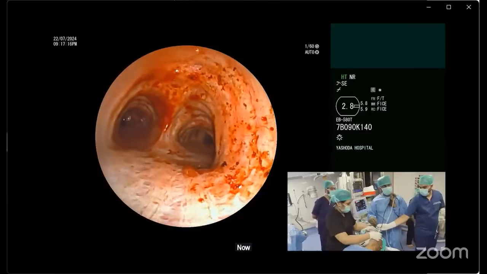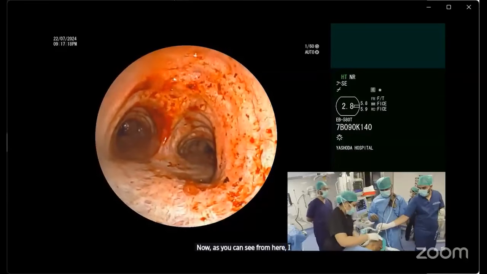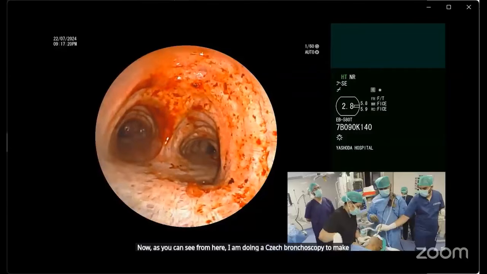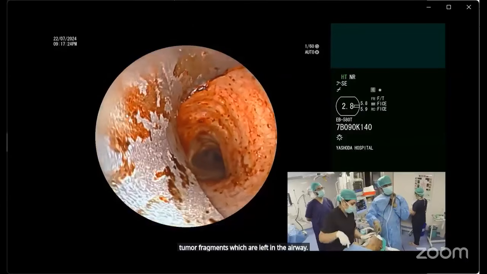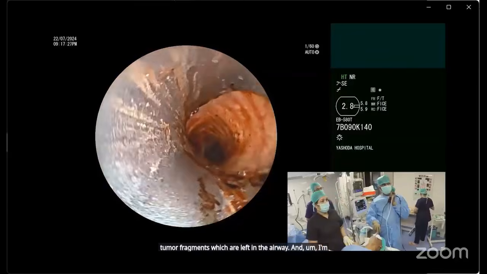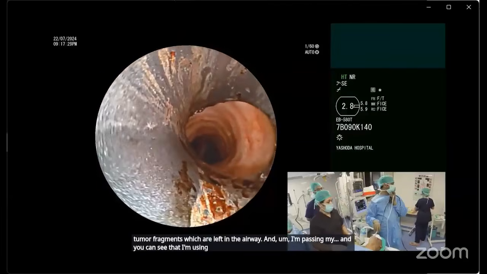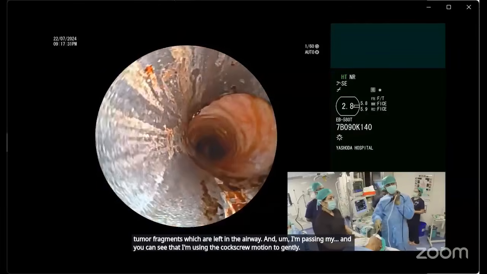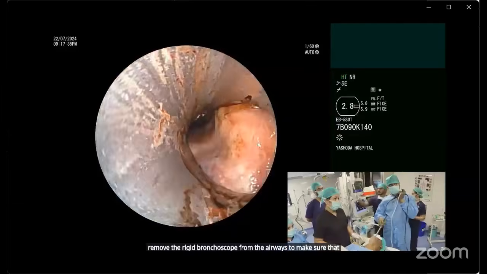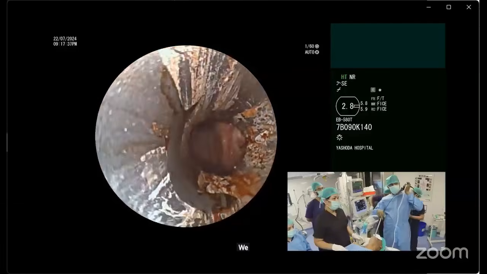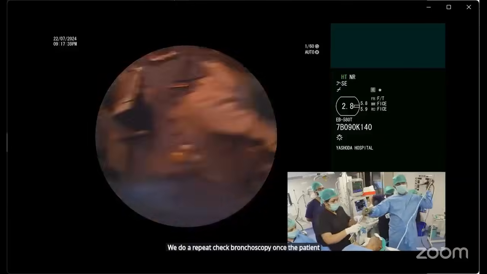Now, as you can see from here, I am doing a check bronchoscopy to make sure that there are no remnant tumor fragments which are left in the airway. And you can see that I'm using the corkscrew motion to gently remove the rigid bronchoscope from the airways, so that we do a repeat check bronchoscopy once the patient is put under LMA again.